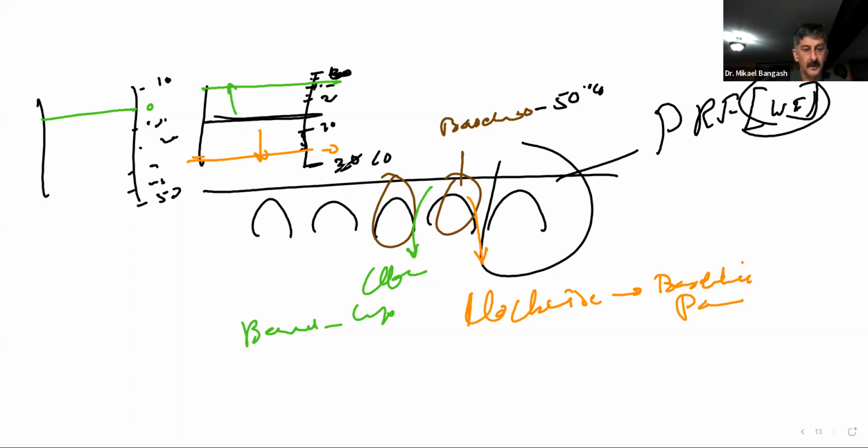But if this was not 30 and 30, but let's say 60 and 60, this will still have been the new 0, this will still have been the new 10. But then this one here will become 110, and so on.